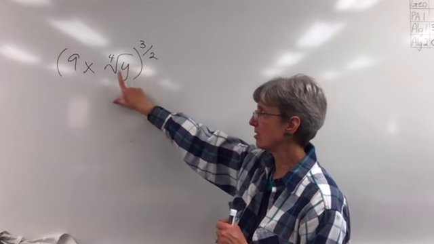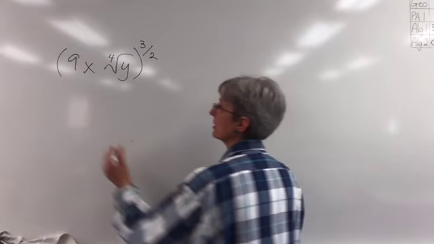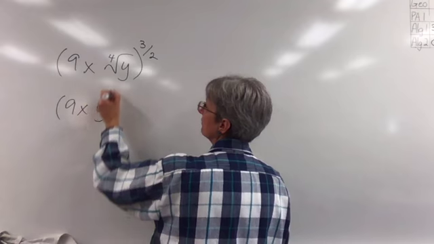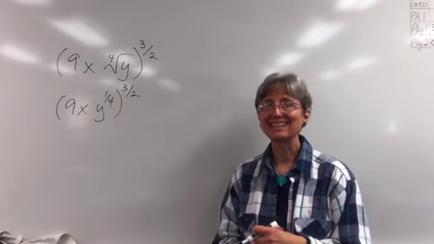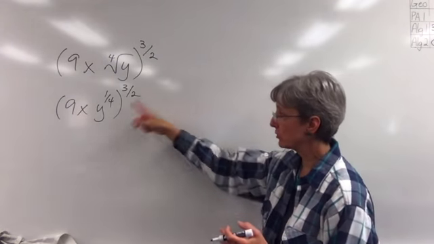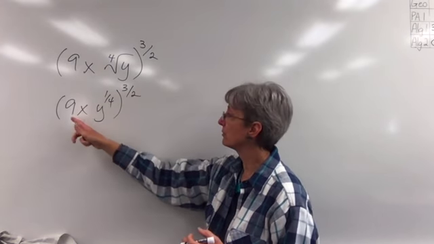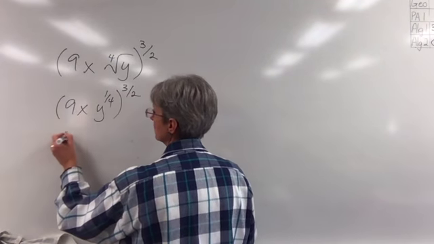I think I'm going to start by changing this to exponential form because I find that easier. So this becomes 9x, and this is y to the power of 1/4. And all of that is raised to 3/2. That's just a little easier for me to deal with than this radical form. And now I'm going to raise everything to the power of 3/2. 9 to the power of 3/2, I'll just write what I'm doing.